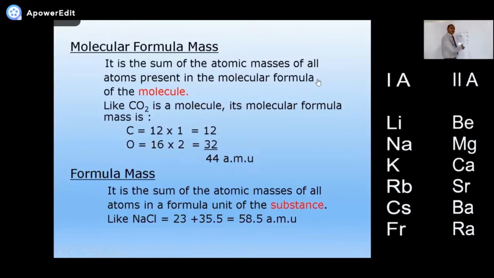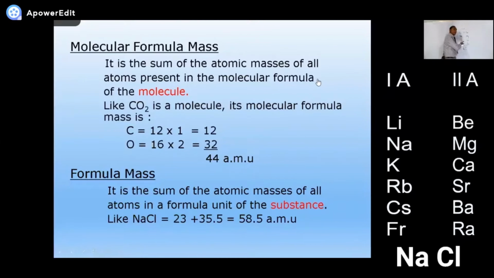If you see any one element from these groups in the formula, like NaCl, Na is here, from these two groups. It means that these two groups, as I told you earlier, won't form any molecule.